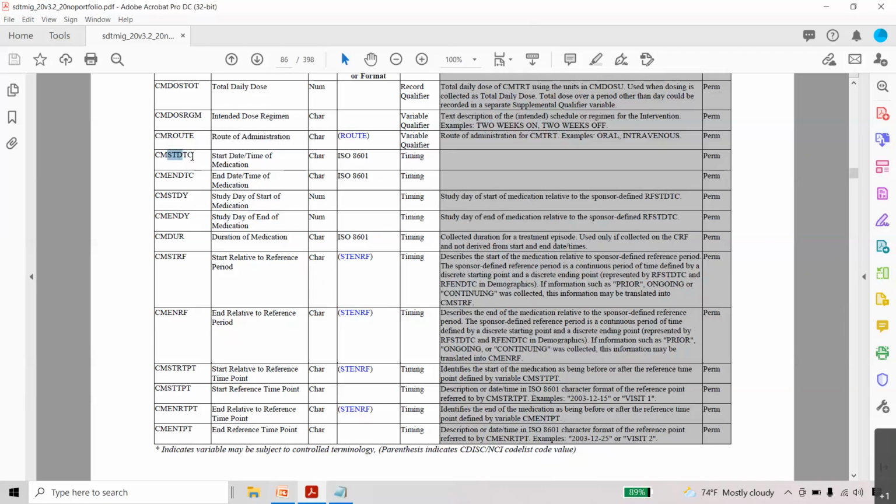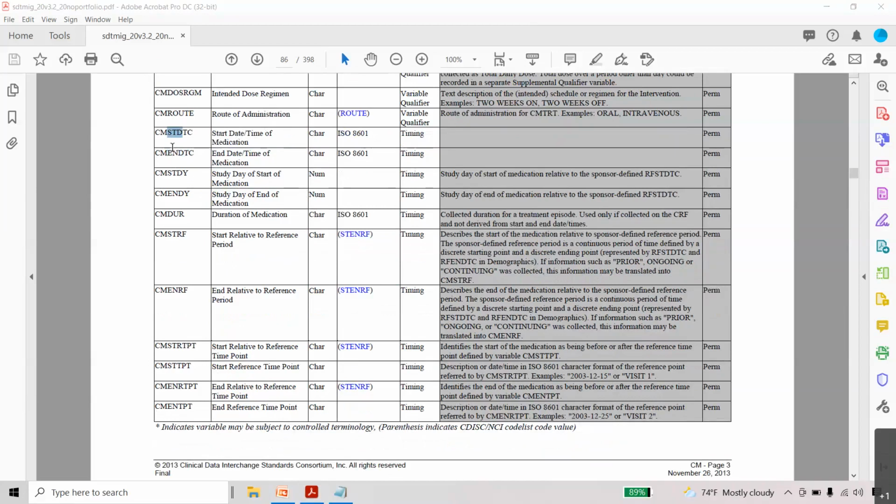And here we can see CM STDTC. Then we can see CM ENDTC, when that concomitant medication has been stopped. That date and time information we can see in the CM ENDTC.